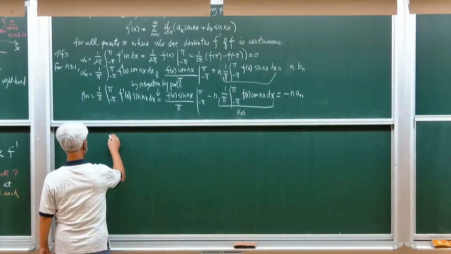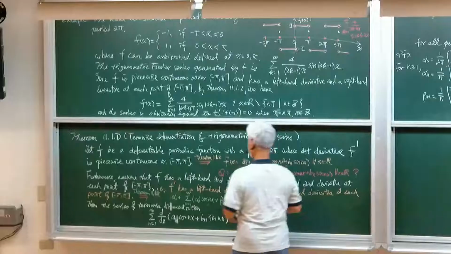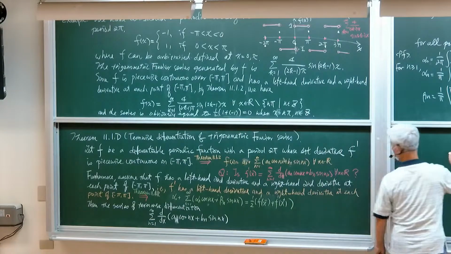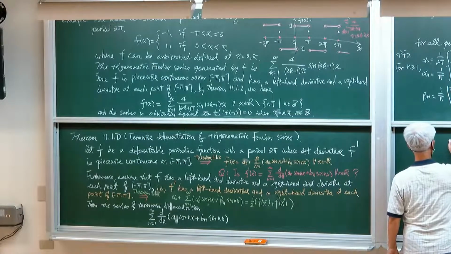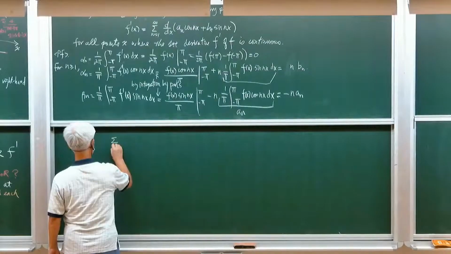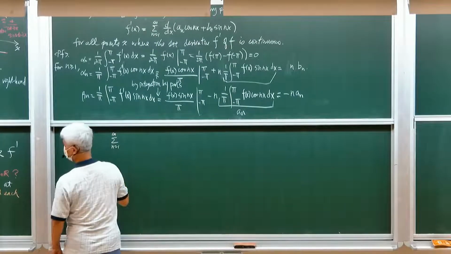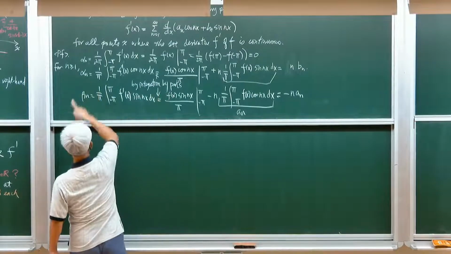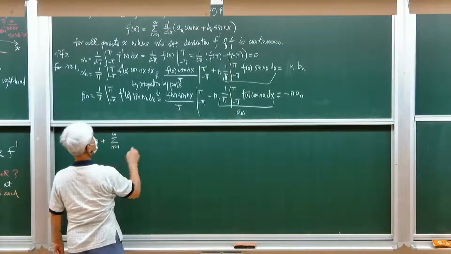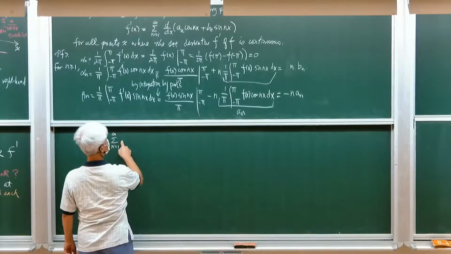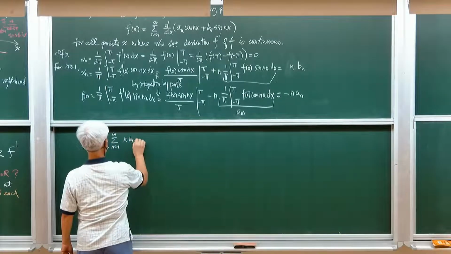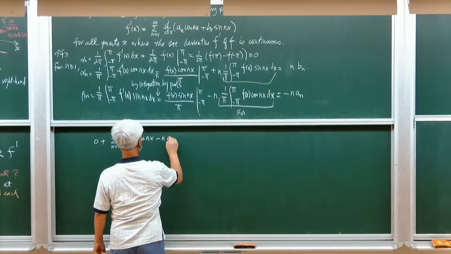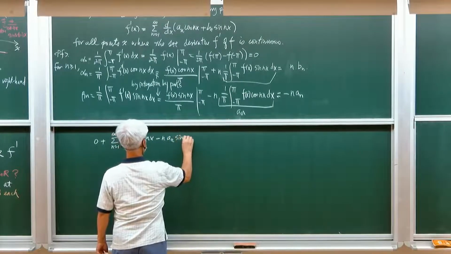All right, and so from the green part here, we know that now the summation n from 1 to infinity, and alpha 0 is 0, so 0 plus n bn cosine nx minus n an sine nx.